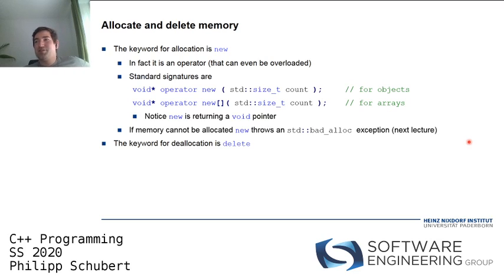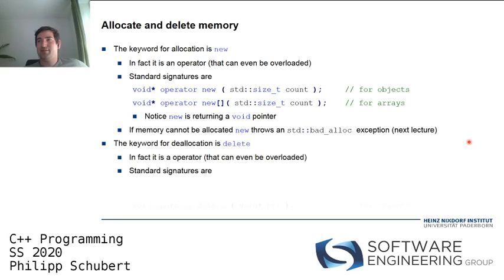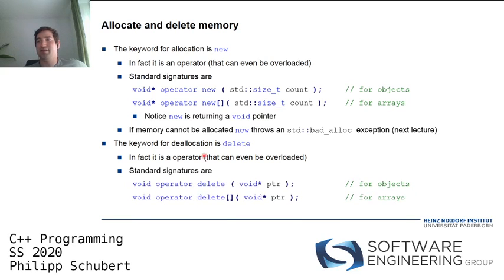The keyword for deallocation is delete. Delete is also in fact an operator, which also can be overloaded, and the standard signatures are standard delete for objects and array delete for arrays. And delete, the operator, doesn't return anything, and as a parameter it receives a void pointer.